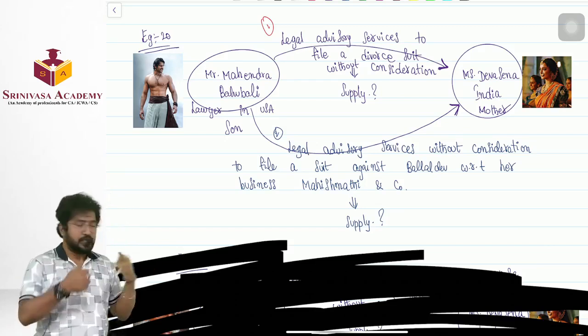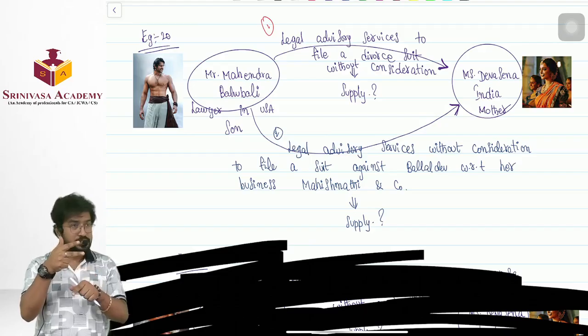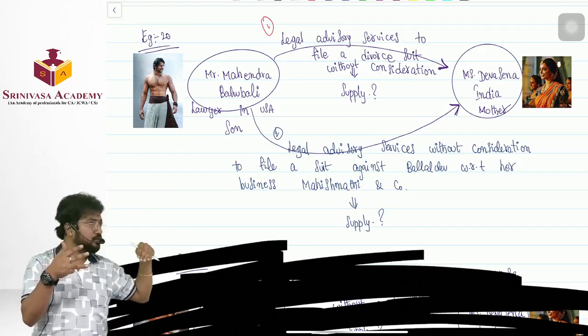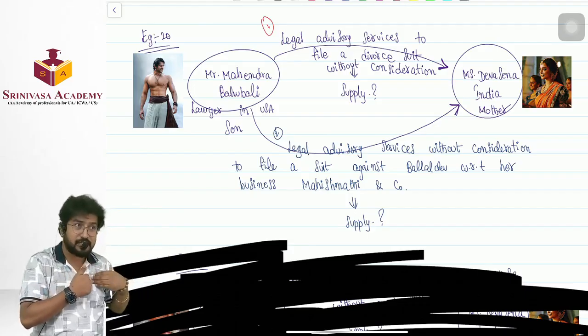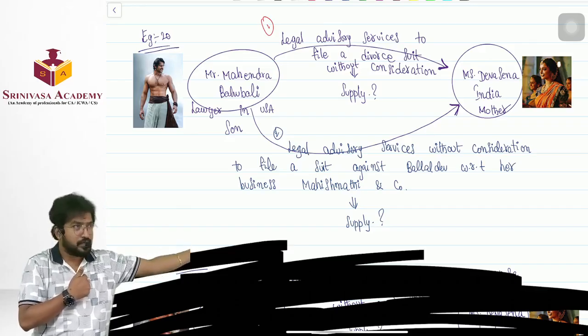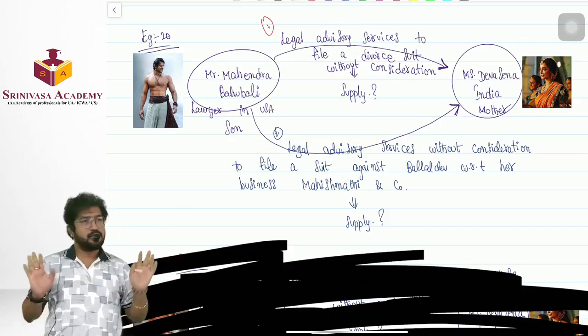Is she importing service? Yes. Without consideration? Yes. Two more conditions. Business is there? Yes. Is she importing from a related person? For Devasena, Mahendra Bahubali is her son. Related. So obviously it is supply.